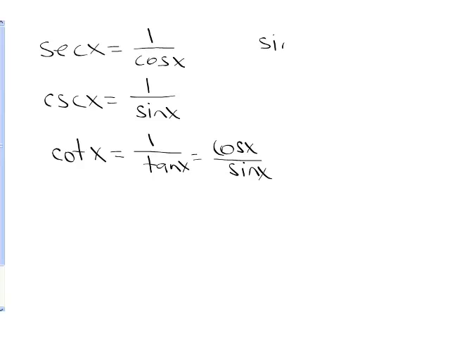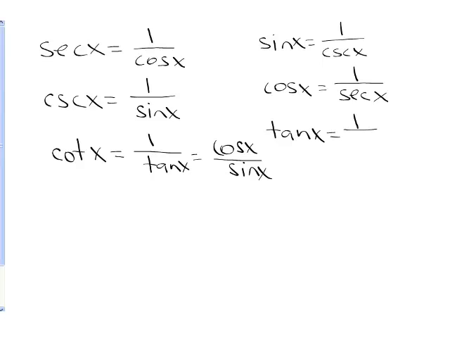Sine x is equal to 1 over cosecant x. Cosine x is equal to 1 over secant x. And tangent x is equal to 1 over cotangent x, which is equal to sine x over cosine x. How's that? Is that good? Okay.